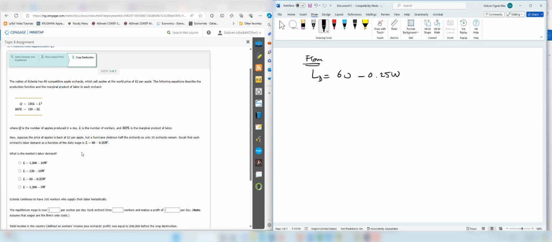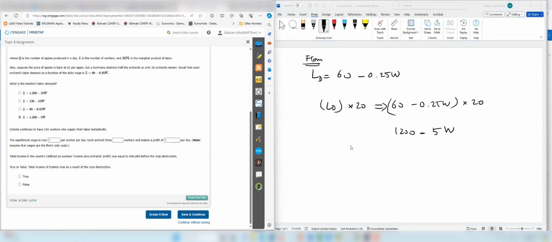And what is the market labor demand? It is LD times the number of orchards, so (60 minus 0.25W) times 20, and that is equal to 1,200 minus 5W.